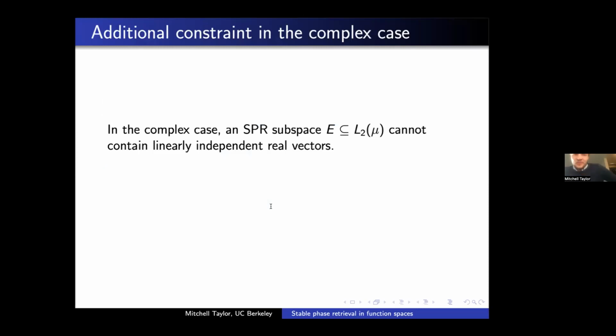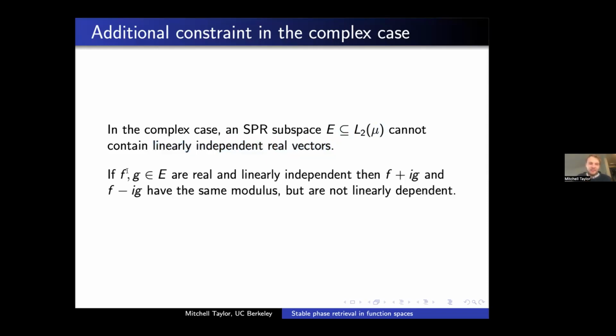The reason is that if I take any SPR subspace of L2, or really any Banach lattice, and I assume it does SPR in the complex case now, not the real case, then my claim is that this subspace cannot contain linearly independent real vectors. Okay, and how do I prove this?